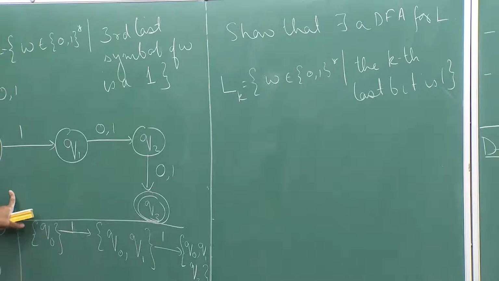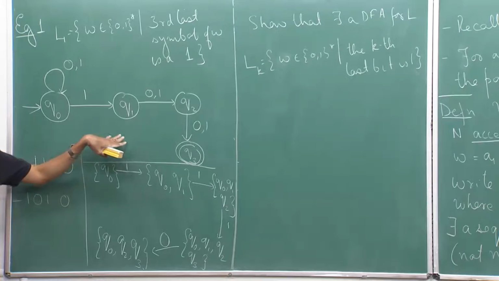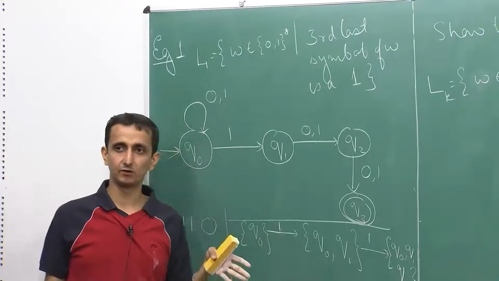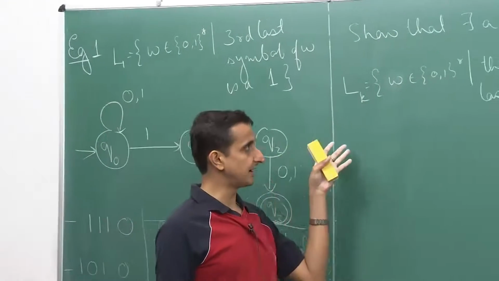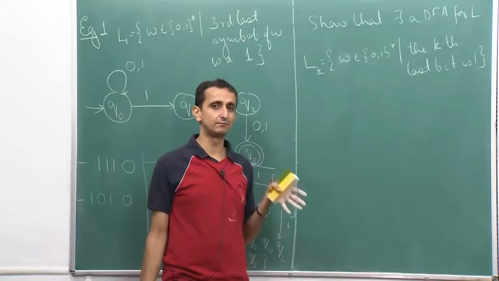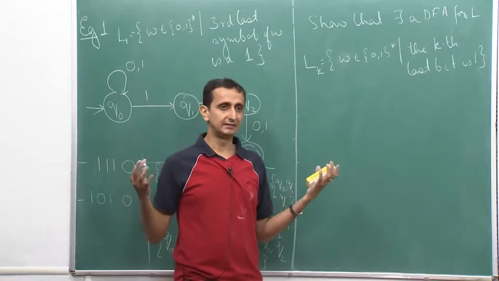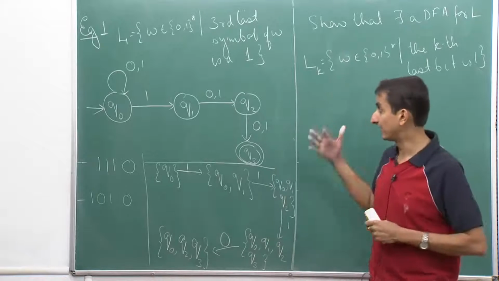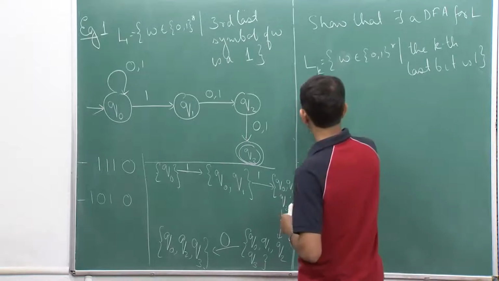If you try to construct an NFA for it using the same logic, you will realize that you can actually do this using just k plus 1 states. But again, try constructing a DFA for this language and find out the minimum number of states that you need. Then you can compare these two numbers and see what kind of advantage NFA gives.